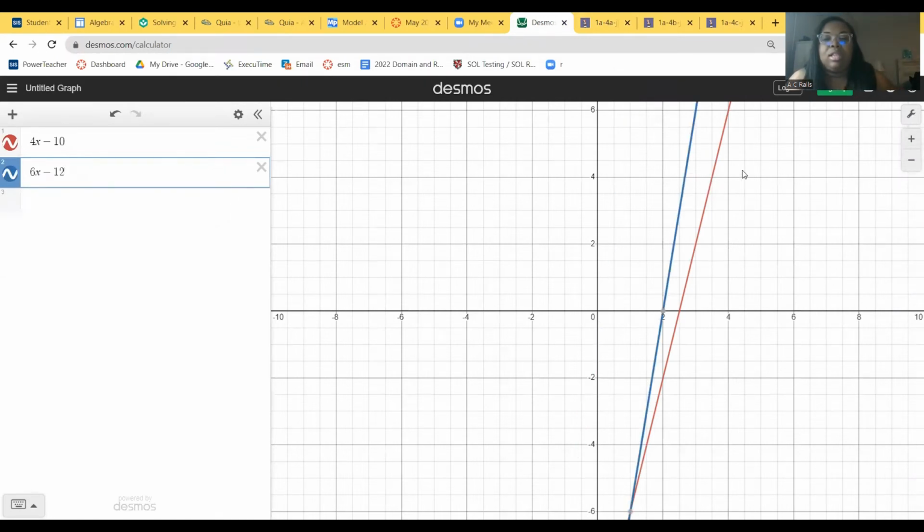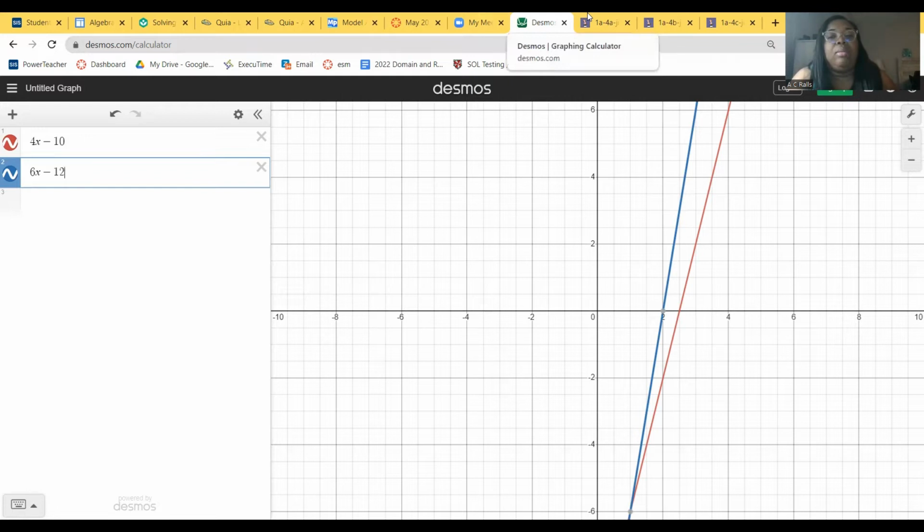All right, we look at this, it created two lines. And they intersect at 1 comma negative 6. You're looking for the x value. So because you're looking for the x value, your answer is 1.